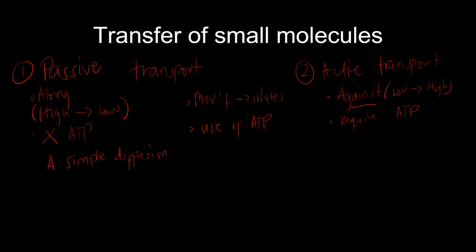So in order for solutes to move passively across the membrane, it must have these three characteristics, which are: it must be small, it must be non-polar or lipid soluble, and the third one is it must be uncharged.